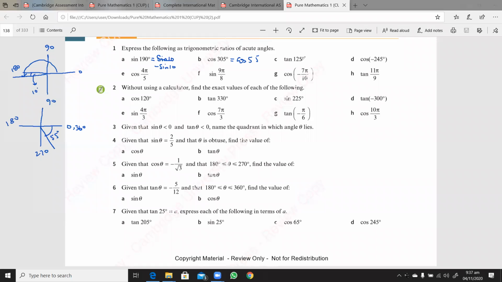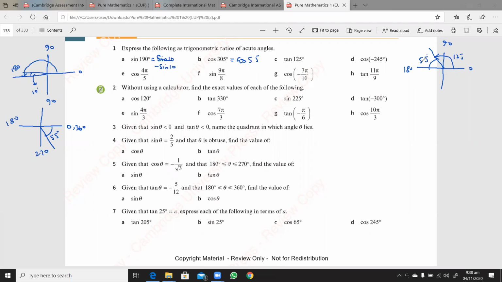Now look at this tan 125. We should be very clear where 125 is going to be. This is 0, this is 90, this is 180. So 125 means it is going to be something like this. What is the basic angle here? That is going to be 55. What about the tan?